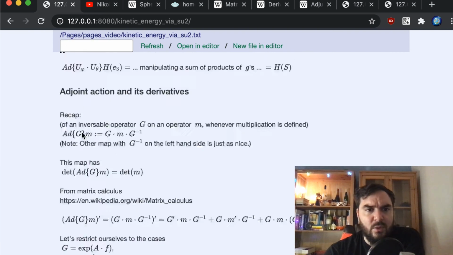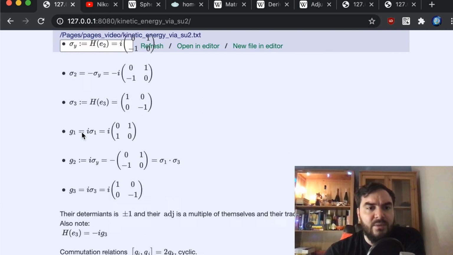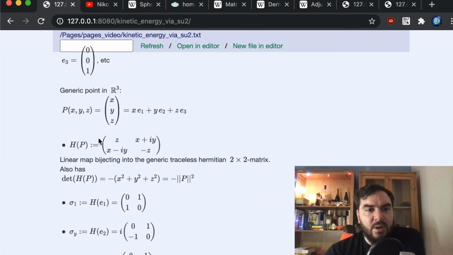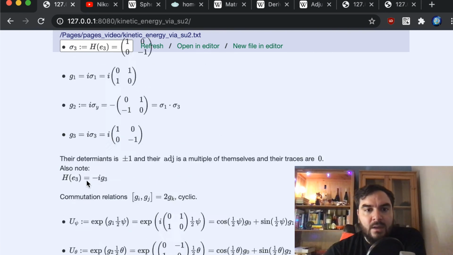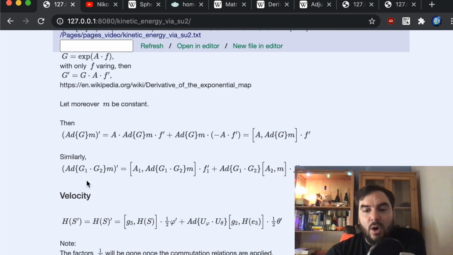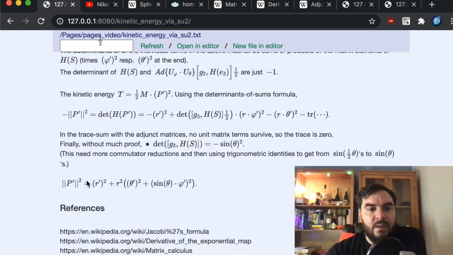Sorry, so to go back, why the determinant is relevant here, because of this formula, right? Because our h looks like so, and then the determinant of that is exactly minus the p squared. And so we are interested in the determinant of h of s taking the derivative of. This is going to be the velocity on the sphere squared minus.